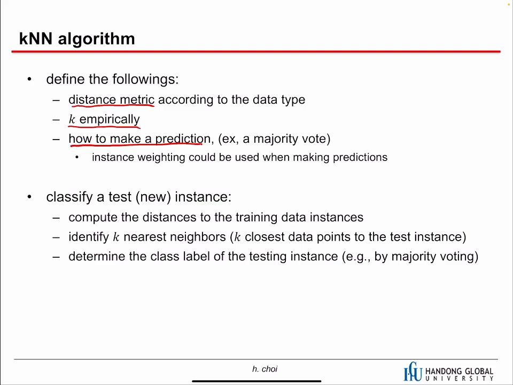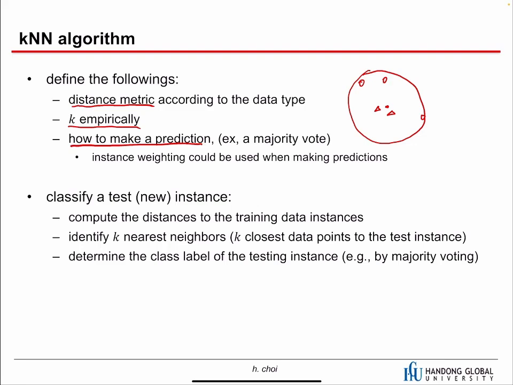As in the previous slide, if we have 3 circles and 2 triangles, and we have a new sample around here, and K is 5, so we include 3 circles and 2 triangles. Then, if we use a majority vote, this one will be categorized into circles.